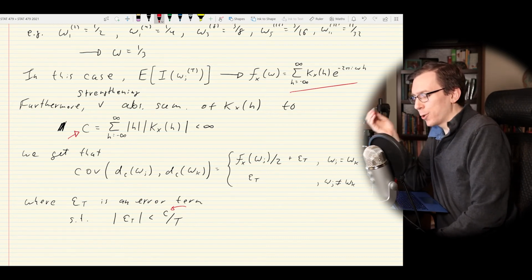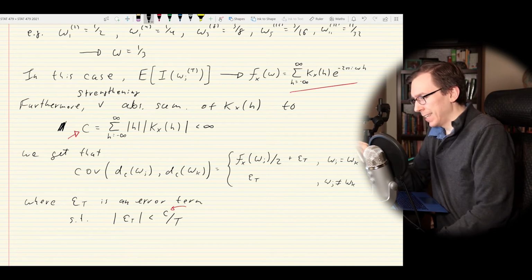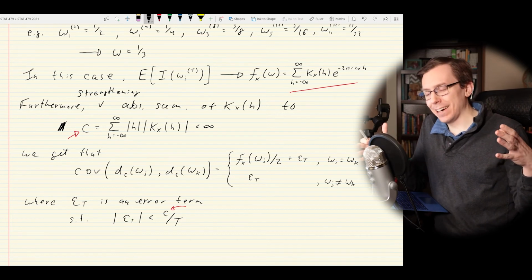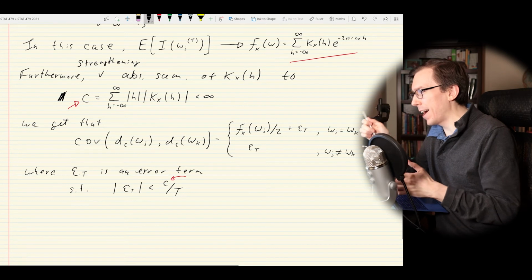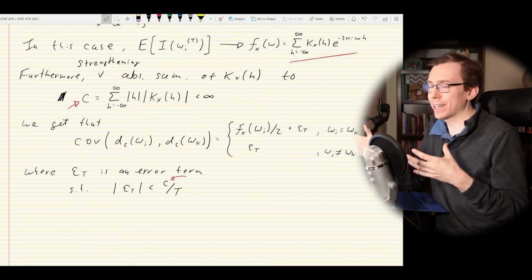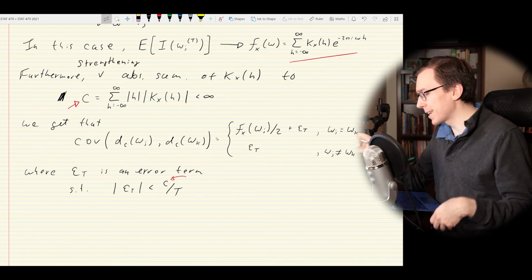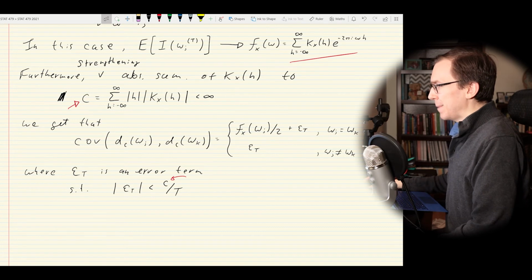So depending on how quickly the autocovariance goes to 0, the smaller this summation will be, and the smaller the error term will be. The idea is we're trying to get down to some statistical notion of what's happening with our periodogram, but also very closely related to that, our discrete cosine transform, and ultimately how we're going to estimate the spectral density.